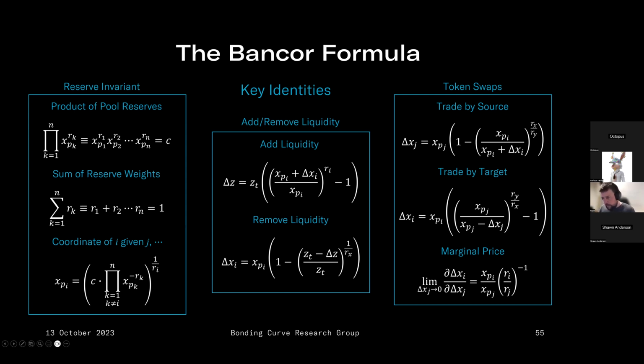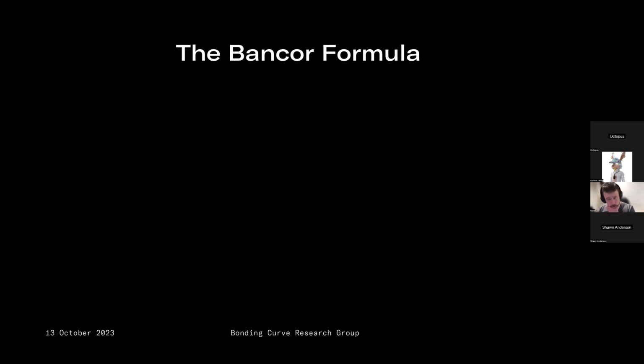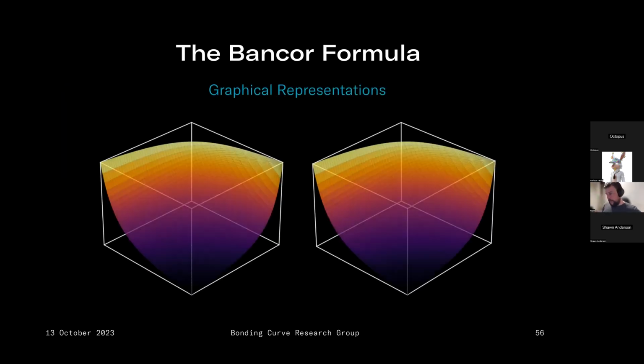So as we move into n dimensions, as I said before, it becomes much more difficult to visualize things. And this is problematic, but it's not unachievable. So the two-dimensional representation of a bonding curve with only two tokens is trivial. And luckily, 3 dimensions isn't too bad. This is what's called a cross-eye stereogram.